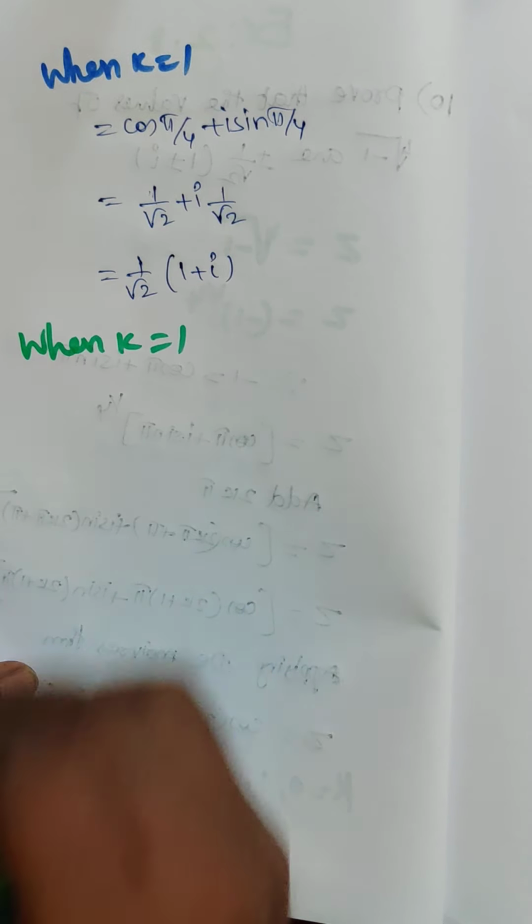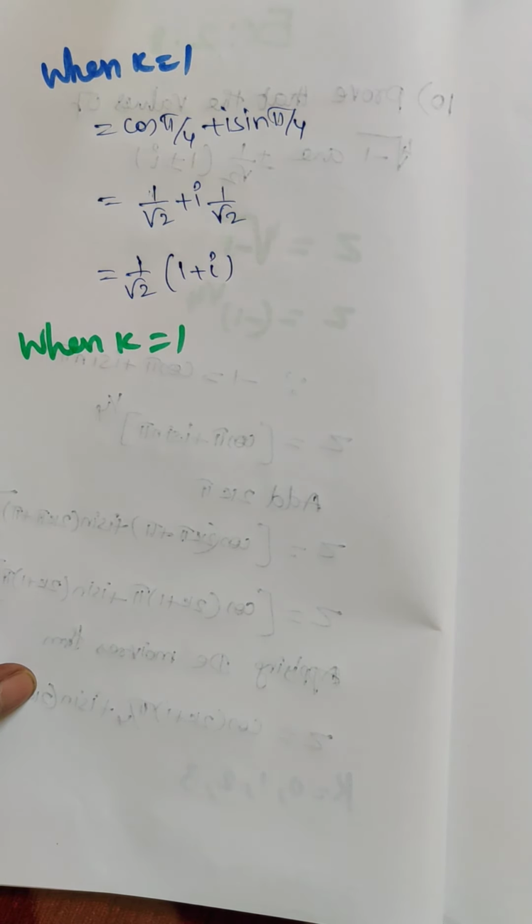Next, when k is equal to 1, 2k plus 1 into pi by 4. So 2 into 1, 2 plus 1, 3 pi by 4.